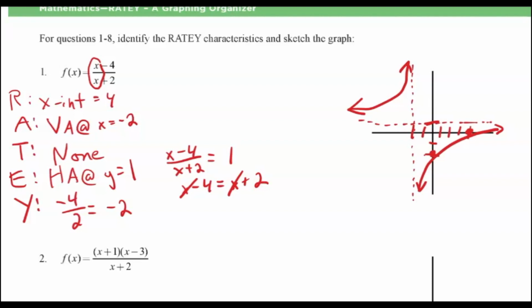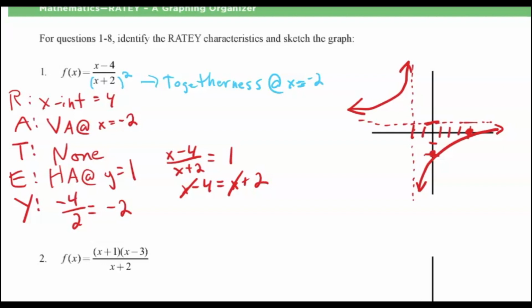Now, let's say, for instance, that the original function had a factor of x plus 2 that was squared. That would mean we would have togetherness at x equals negative 2.